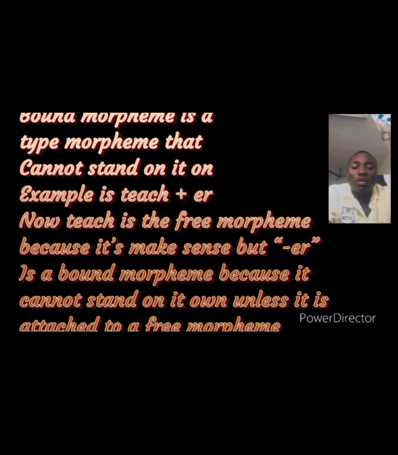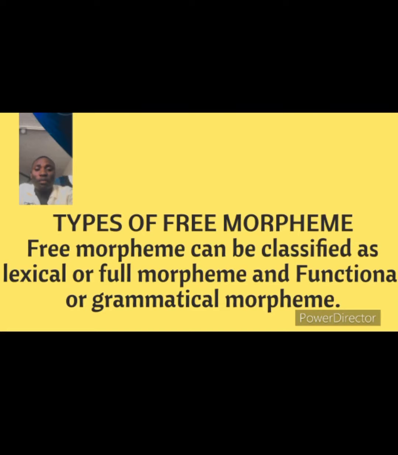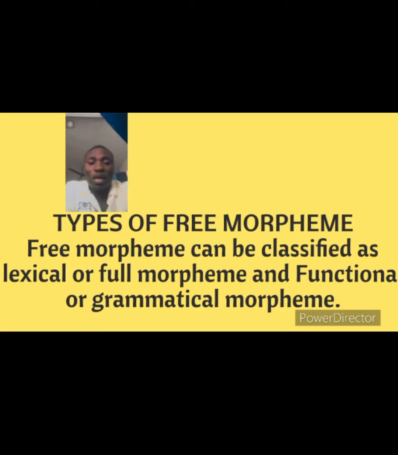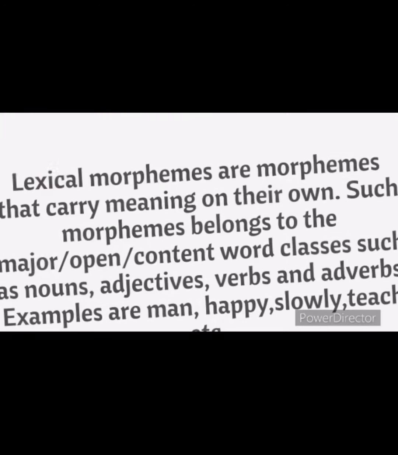Now let's move on to the types of free morpheme. Under free morpheme, we have two types: lexical or full morphemes, and functional or grammatical morphemes. Let's start with the lexical morphemes.